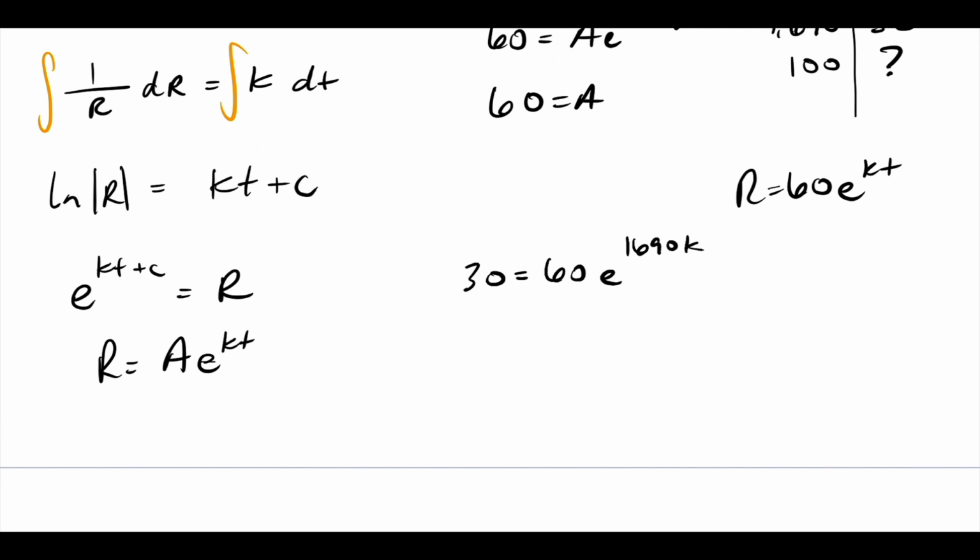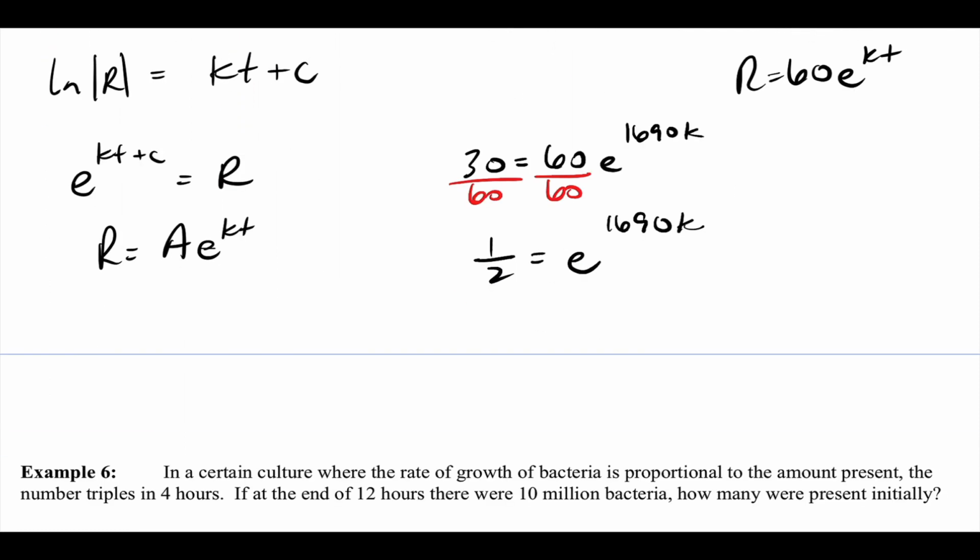Divide both sides by 60. I get 1/2 equals E to the 1,690K. If I want to get an exponent down, I have to use a log.